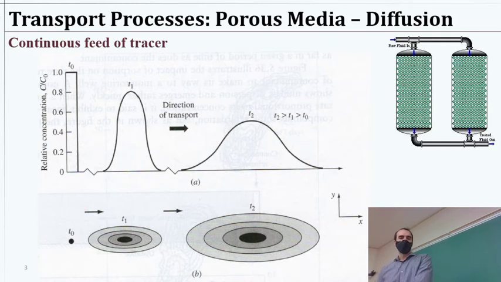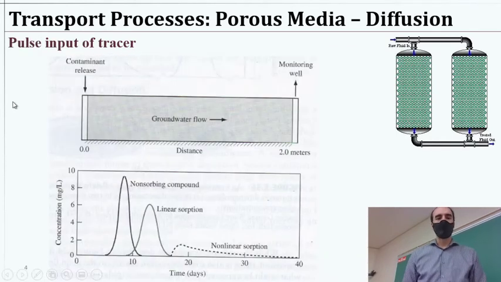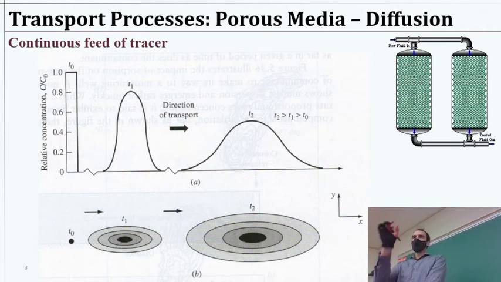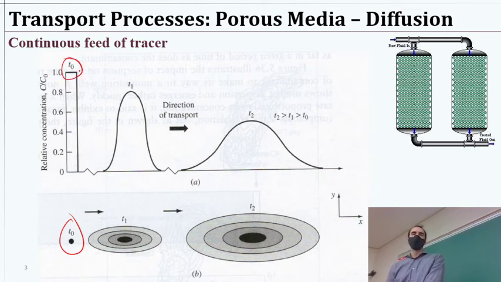I should have brought the caption for this figure, actually. I'm trying to think of what this is exactly depicting. So we've got the direction of transport there. I think what it's showing is if you're tracking the center of a plume, or like if you're tracking this dot, and that dot is moving along through the groundwater or through water or whatever, and diffusion is acting on it, what you're going to see is initially everything's in that one little dot.